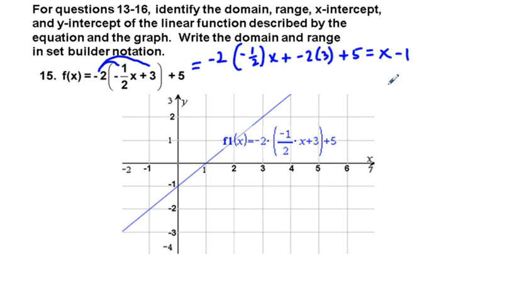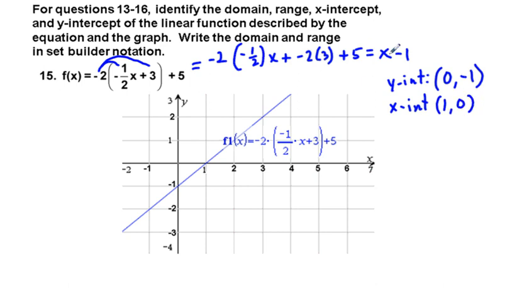So our y-intercept is going to be the point 0, negative 1. And our x-intercept is going to be the point 1, 0.